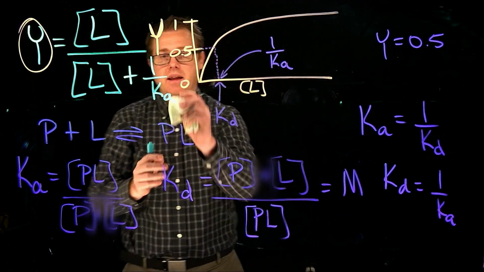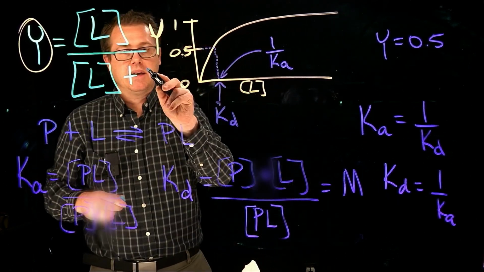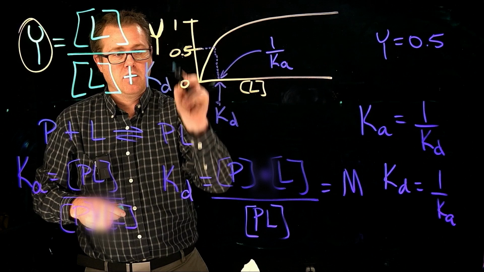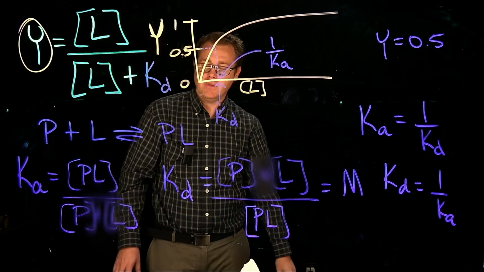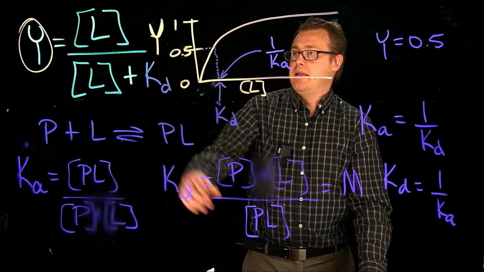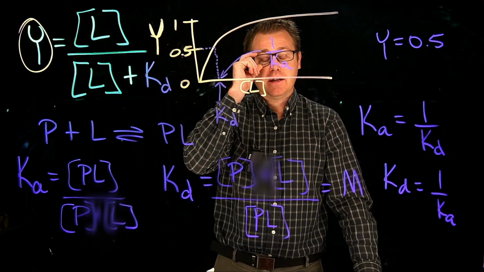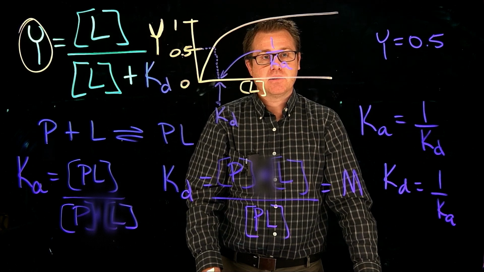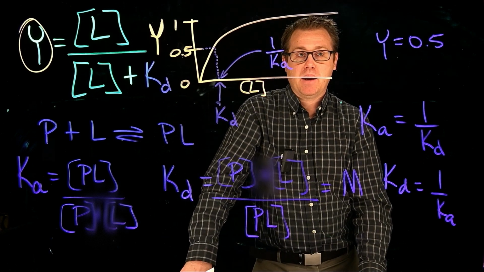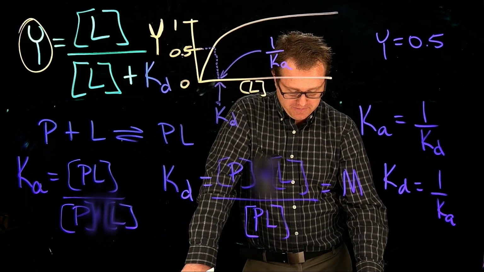So we can take this equation now and just plug in the Kd, like that. And this is just the easier way to do these types of calculations and do these studies with proteins that bind ligands in a reversible fashion.